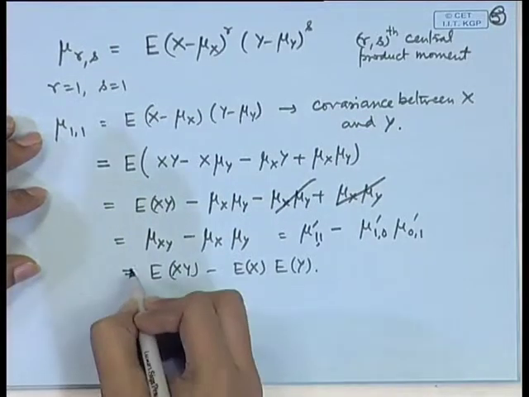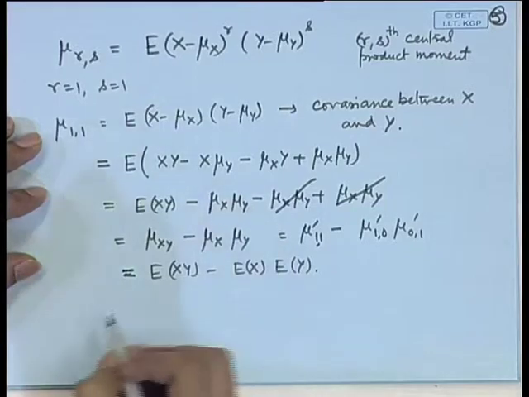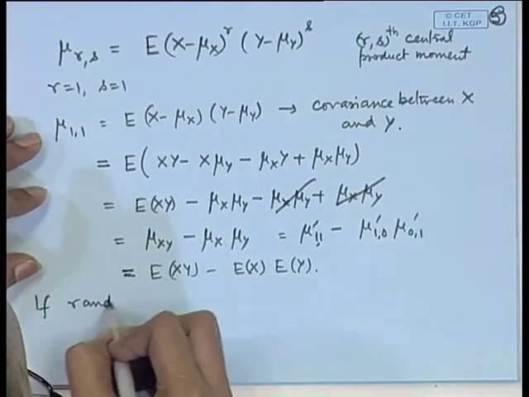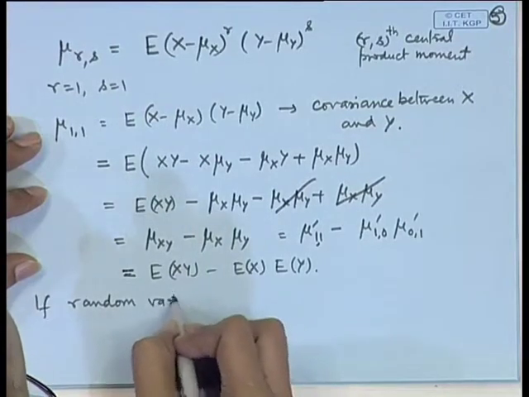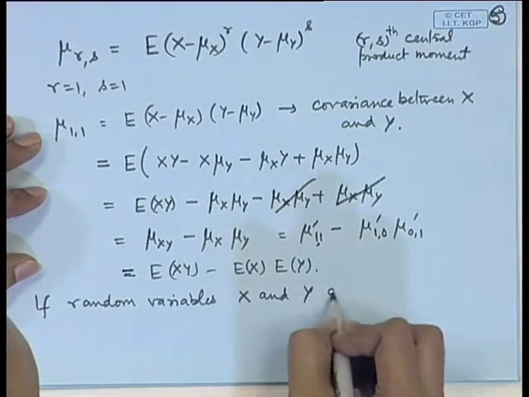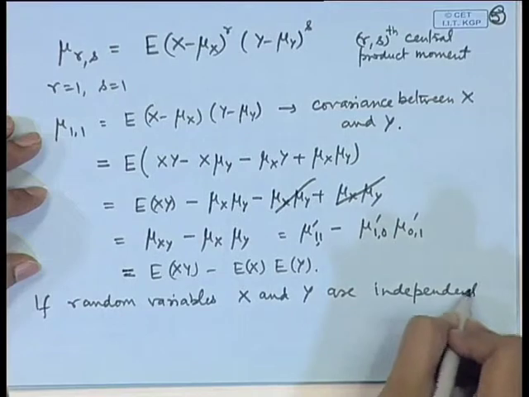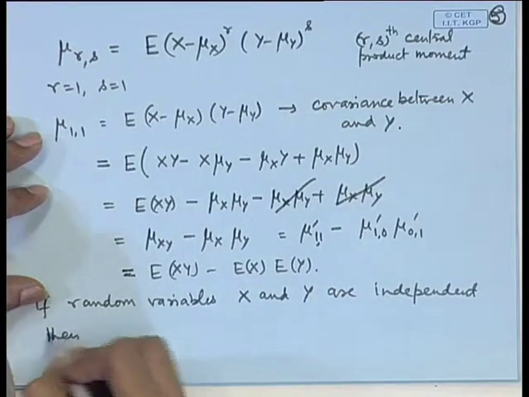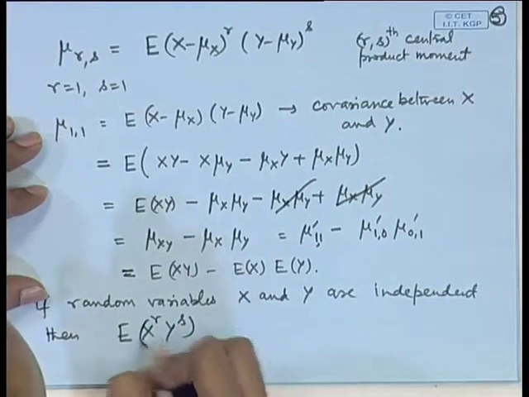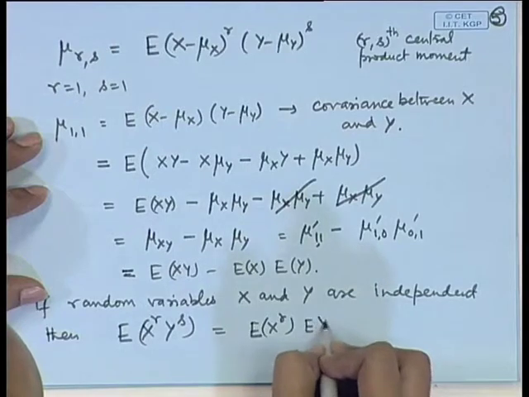We can further see the effect of independence on the moments. If random variables x and y are independent, then expectation of x to the power r, y to the power s, this will become expectation of x to the power r into expectation of y to the power s.